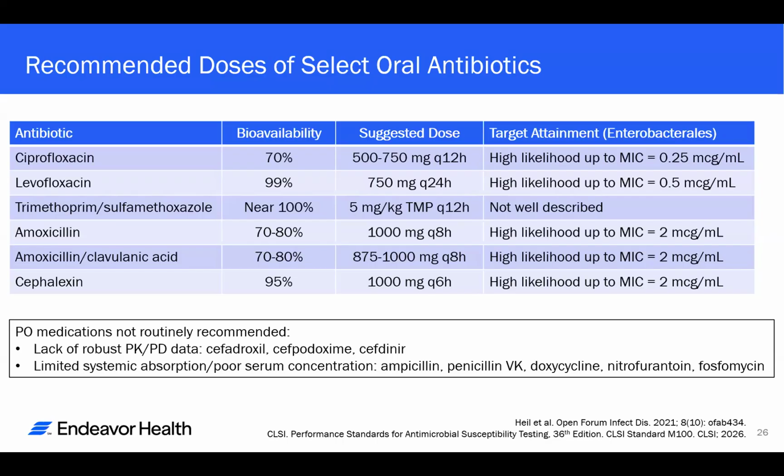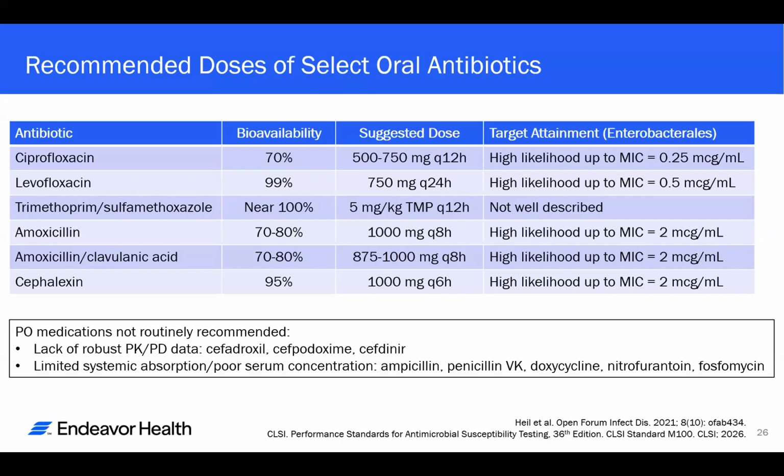They interestingly said there's lack of PK/PD data to support the use of cefadroxil, cefpodoxime, or ceftibuten. So cefadroxil we have challenges with because the FDA and CLSI tell us we cannot use cefazolin, IV cefazolin, as a marker of whether or not cefadroxil is effective for patients. Most of our laboratories don't test susceptibility data or give us MICs for cefadroxil, so it makes it kind of challenging to use.